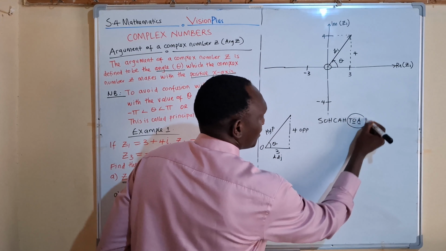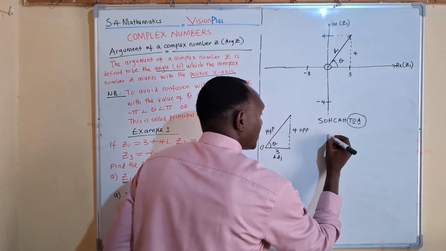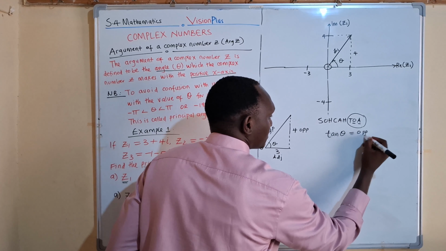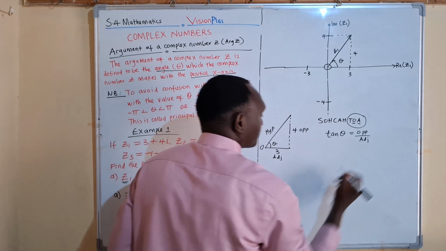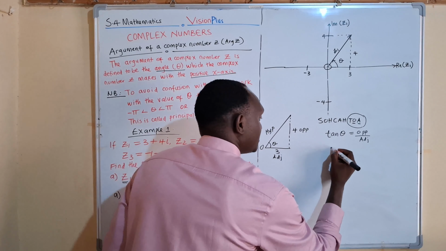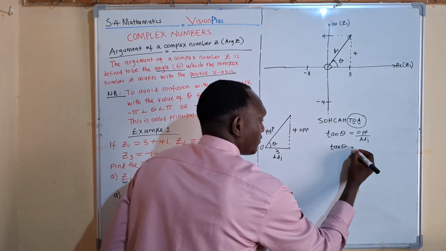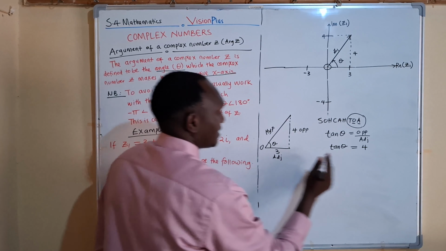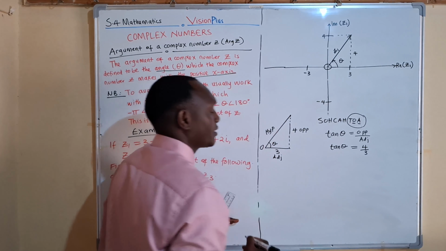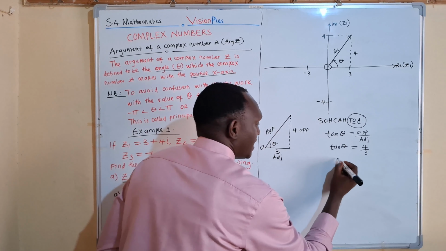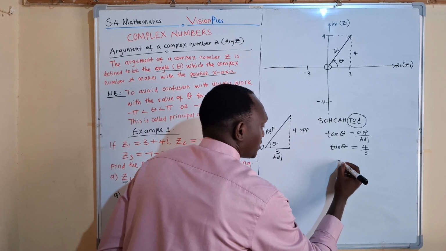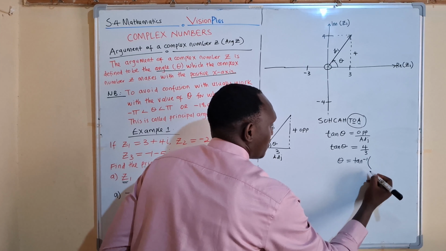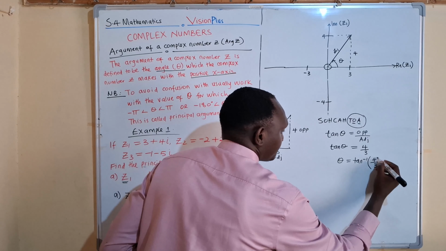Now we have the opposite and the adjacent, which gives us that we need to take tan. So we say that tan of angle theta is opposite over adjacent. Substituting, tan of the angle we are looking for is opposite, 4, over adjacent, 3. But we are looking for the angle, so we take tan inverse of both sides, and theta becomes tan inverse of 4 over 3.